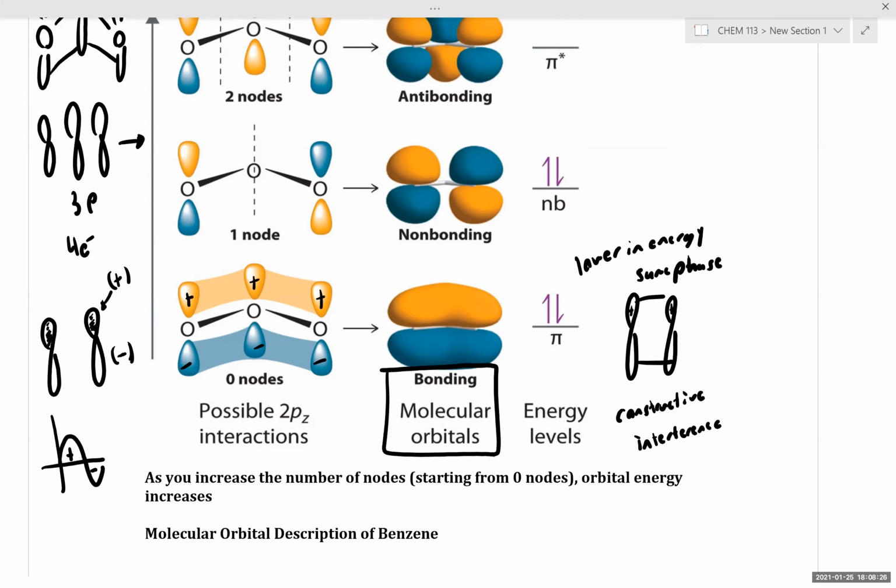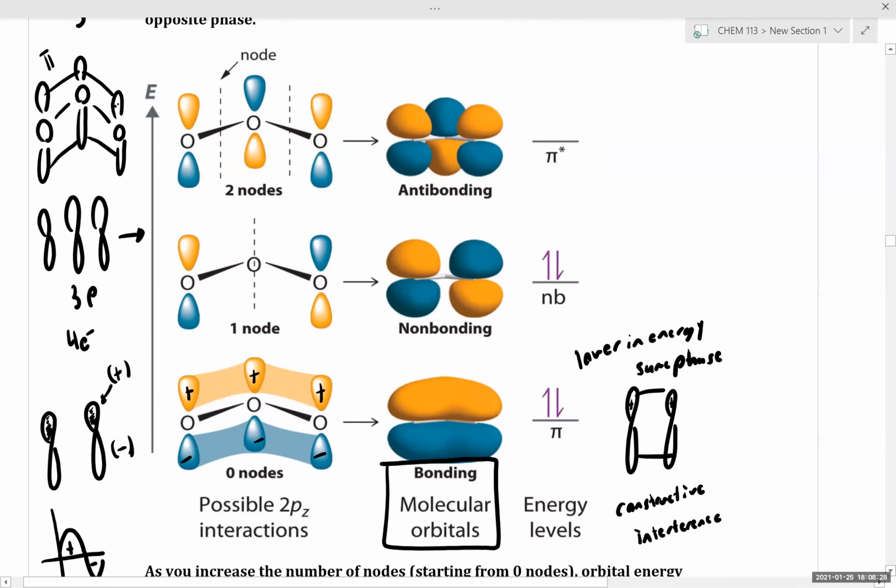Okay, the next type of molecular orbital that you'll see is known as non-bonding. In non-bonding orbitals, you will typically observe an isolated lone pair. If we look at this central oxygen, you'll notice that it's not engaging in orbital overlap with any of our adjacent p orbitals.